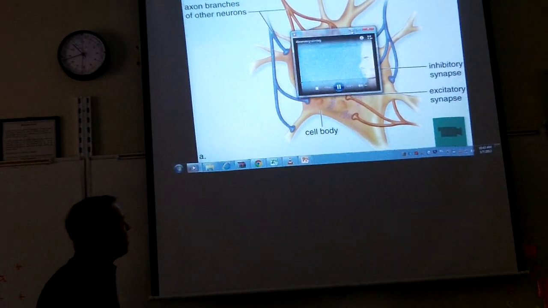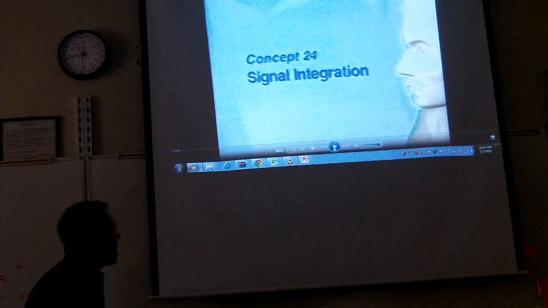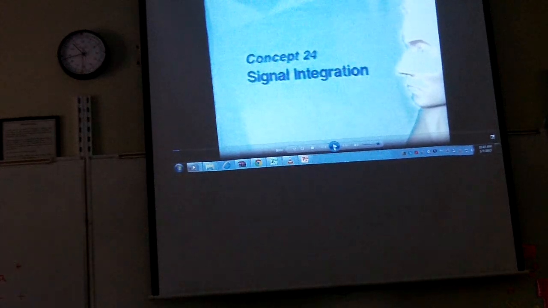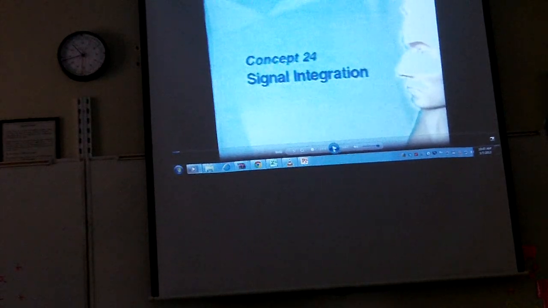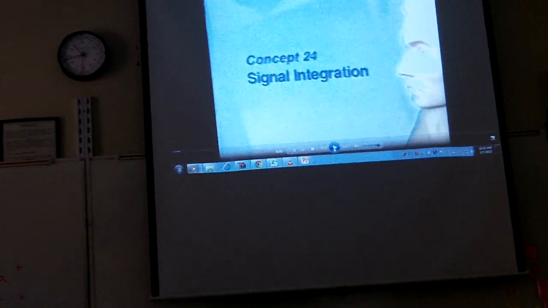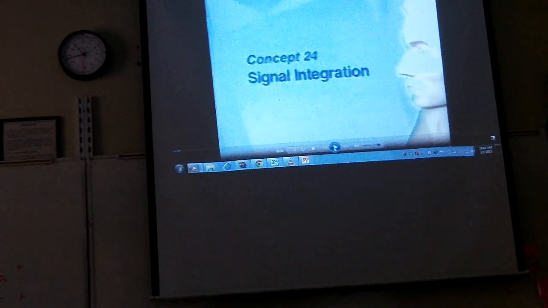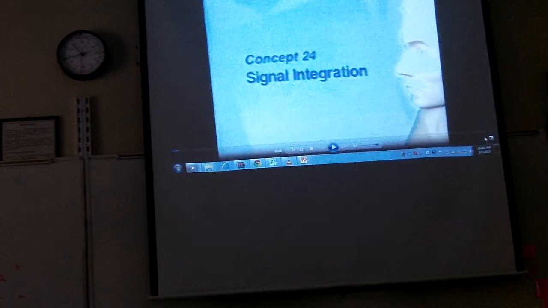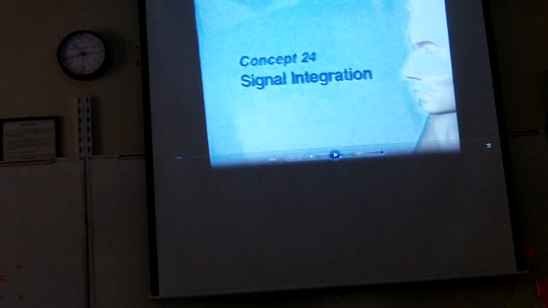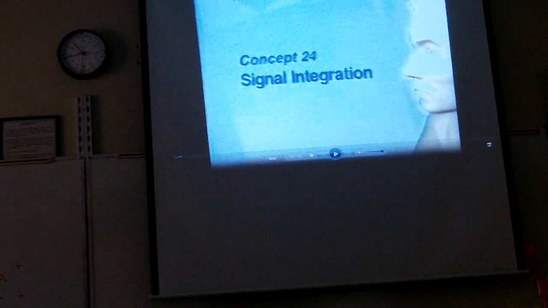This video right here is kind of boring, and the guy speaks very monotone, so you could get real bored with it and just decide you're going to go to sleep. But it's good information, so see if you can follow this. It talks about how these signals work together.